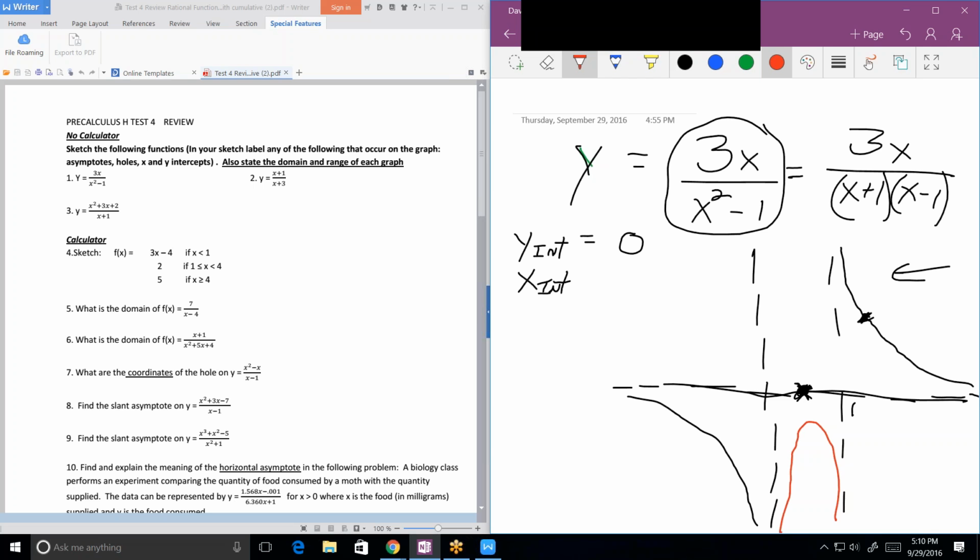It works for the right asymptote, but on the left asymptote, I'm going down to negative infinity on the red, and I'm coming up from negative infinity. So a proper curve here probably would be this one if we did not have an x-intercept.